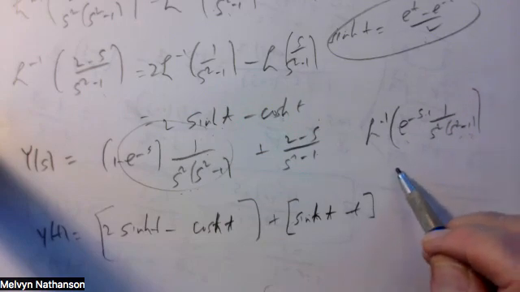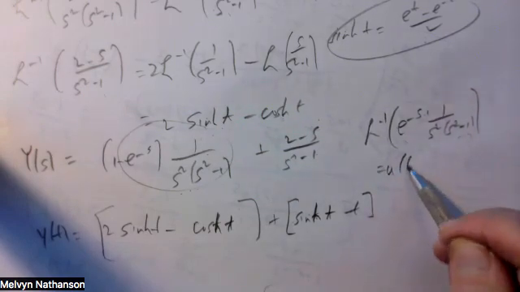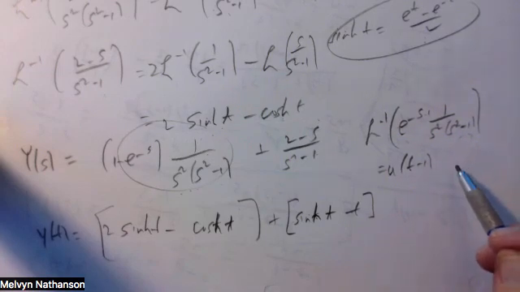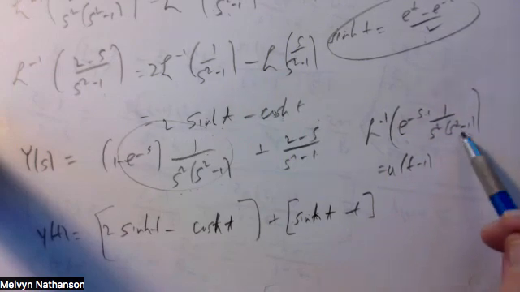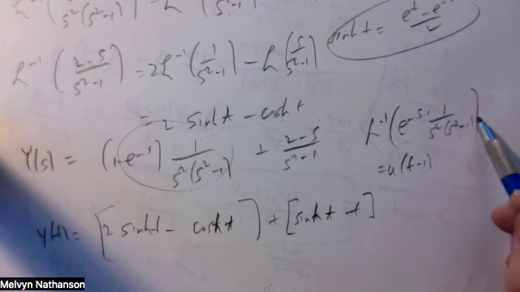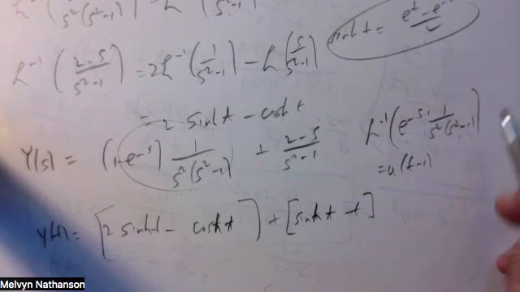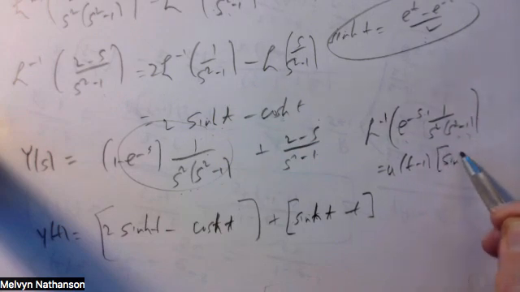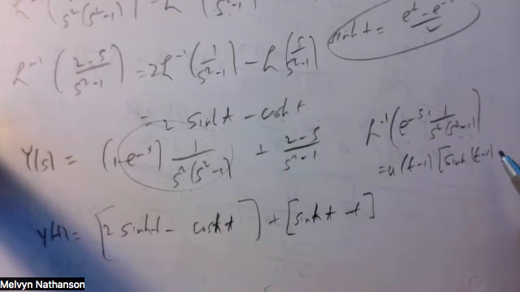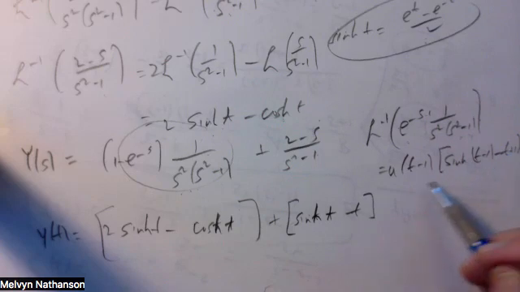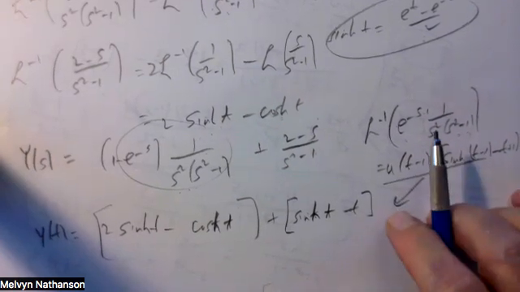So this is like u of t minus 1 times this function translated by 1. This was sinh t minus t. So sinh of t minus 1 minus t minus 1, or minus t plus 1. So plus that.